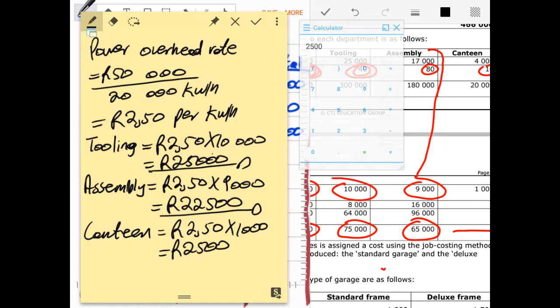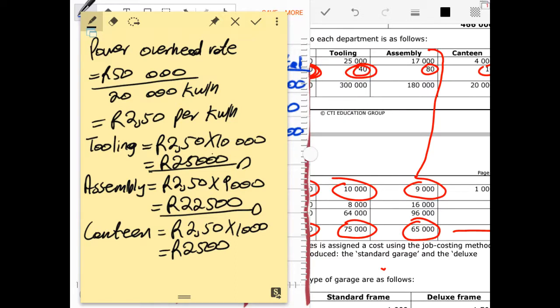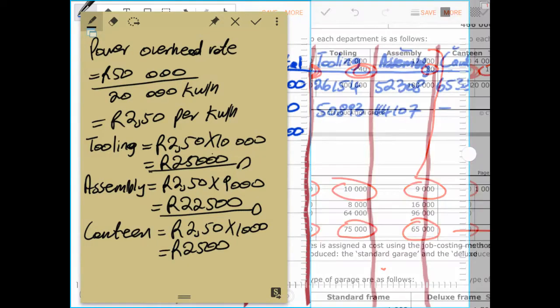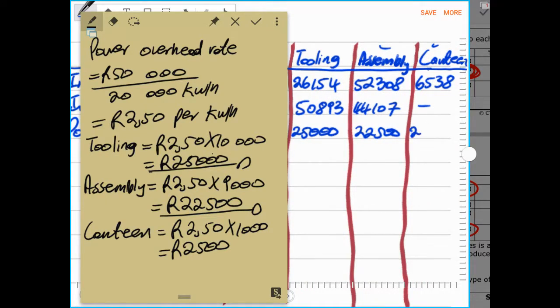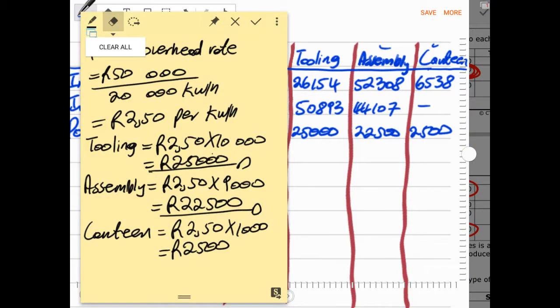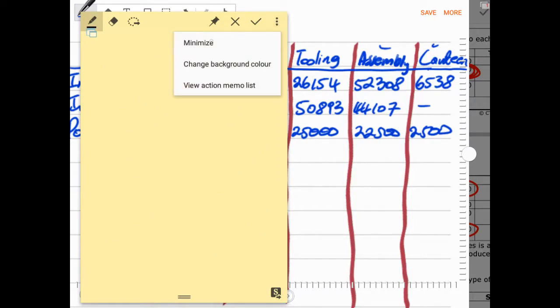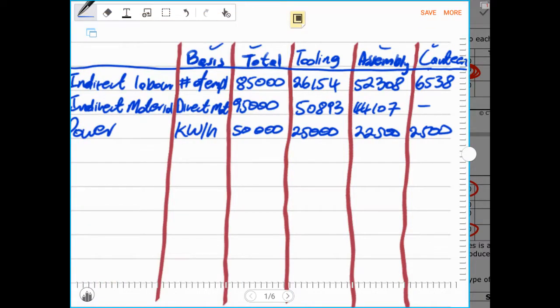So now I can allocate all the amounts to their respective departments. For tooling we have 25,000, for assembly we have 22,500, and for canteen it is 2,500. Remember, we are still doing the primary allocation, where we allocate all the overheads to all the departments using the relevant basis.